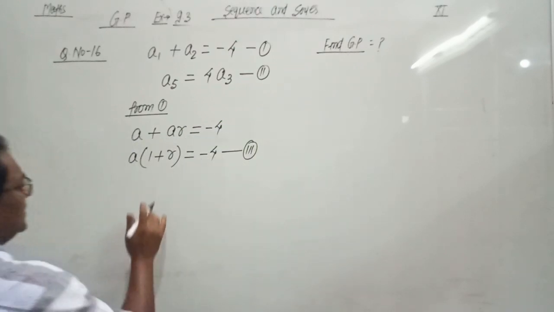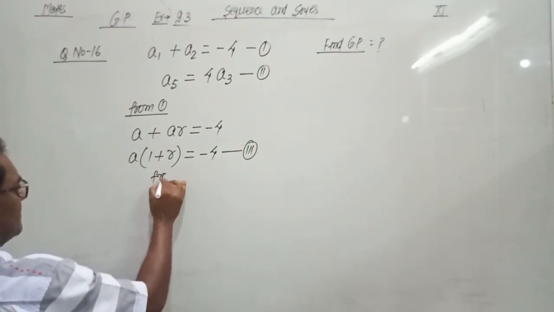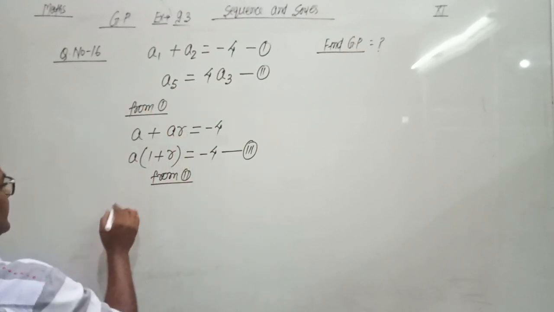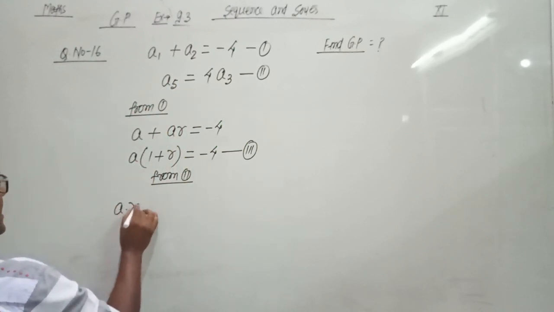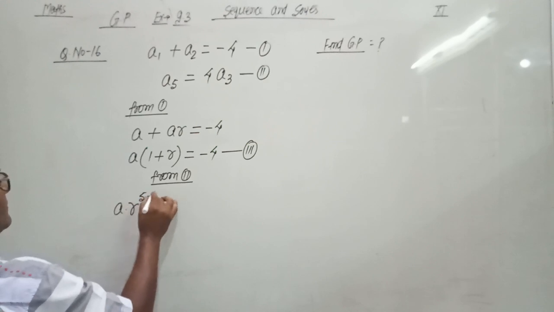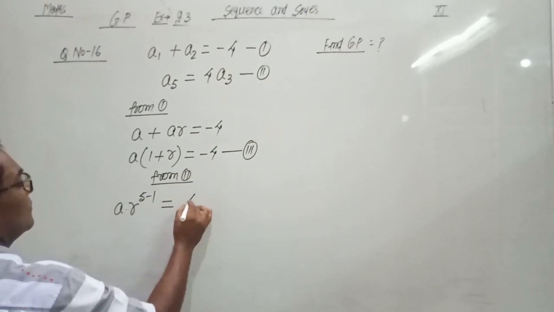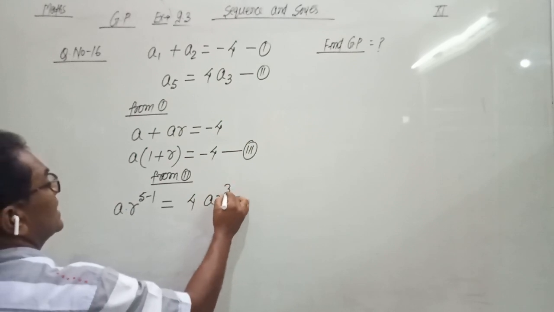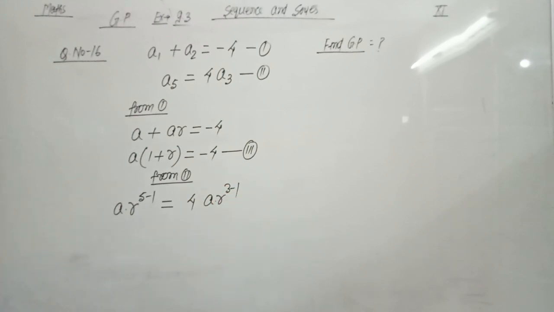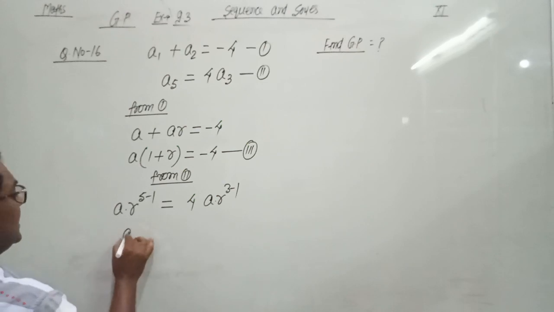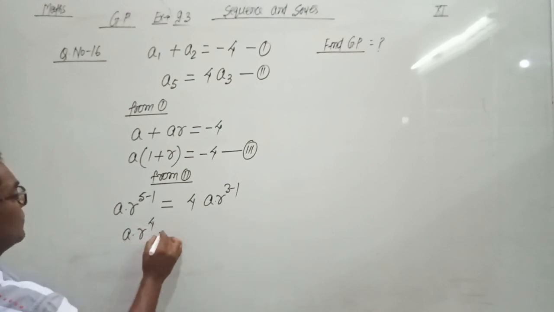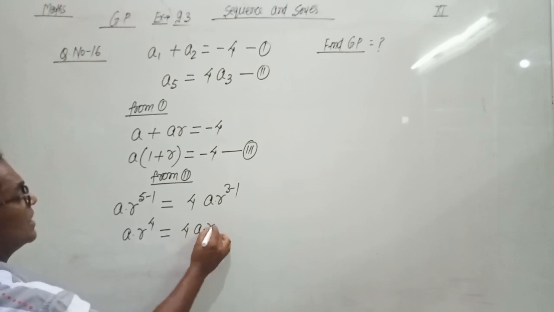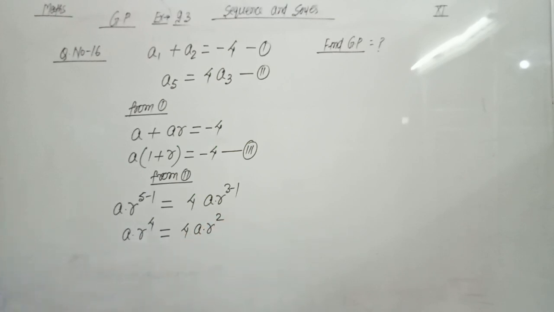Now from the second equation, the fifth term is given by A into R raised to the power 5 minus 1, and 4 into the third term, which is given by A into R raised to the power 3 minus 1. So A into R raised to the power 4 equals 4 into A into R squared.